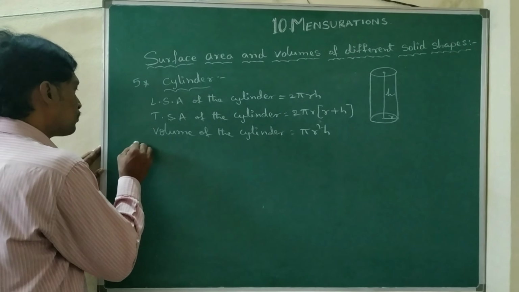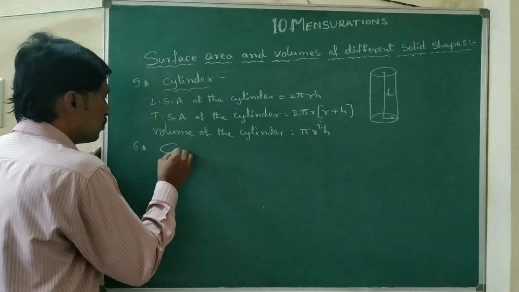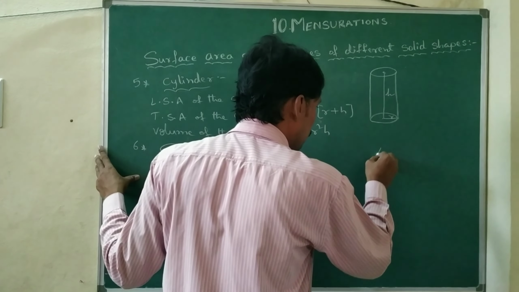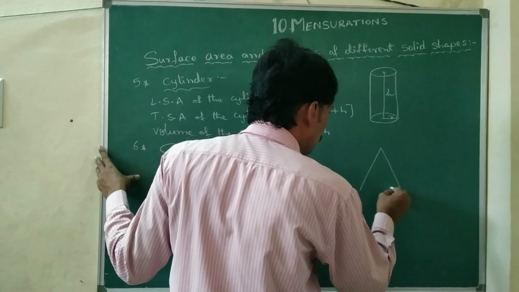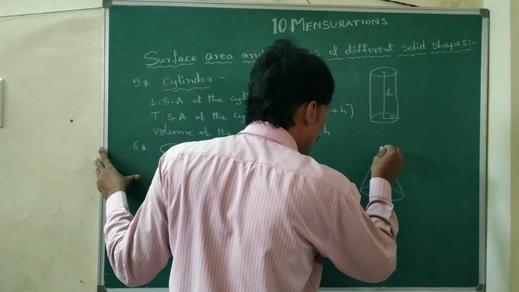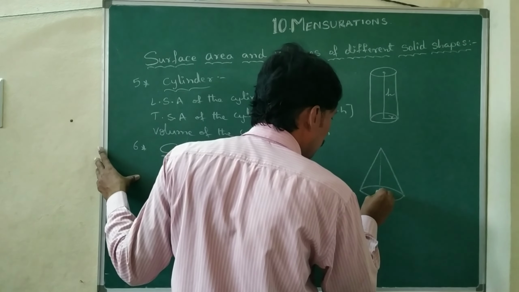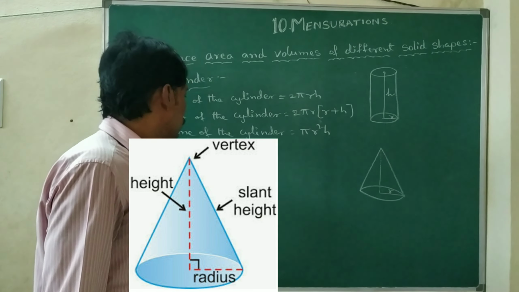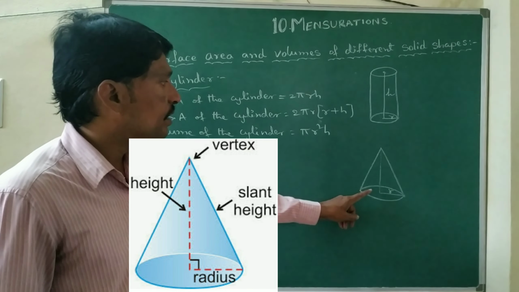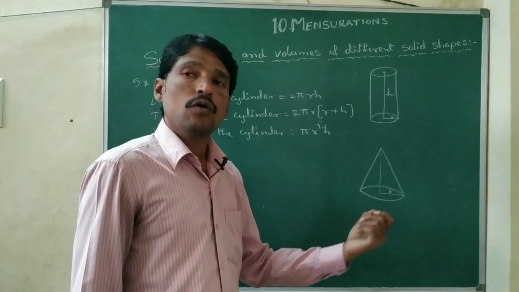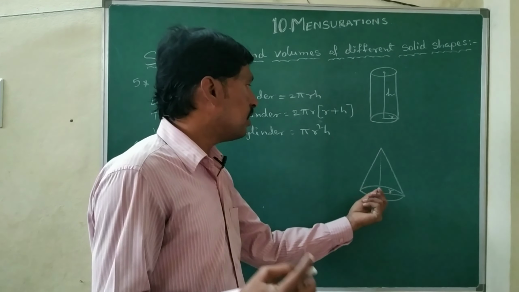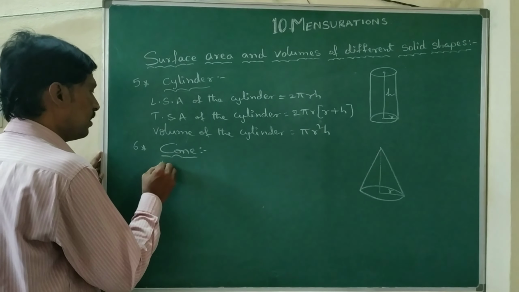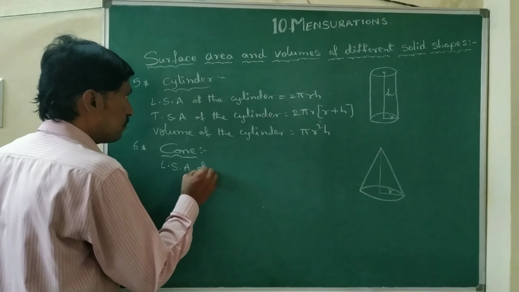Next one, sixth one, cone. It is the shape, as you already know, of a joker's cap or ice cream cone. A cone has only one circular end and one vertex. Now you can say what is the LSA and TSA.